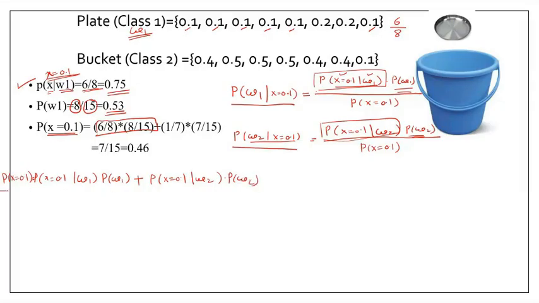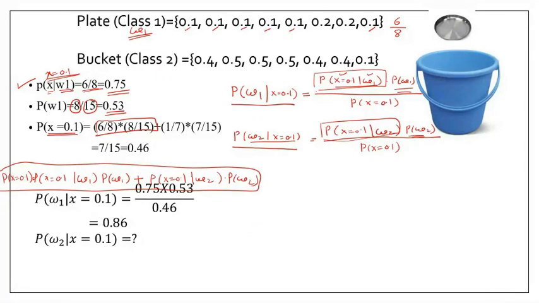So again I am using the sum rule. The denominator is always using the sum rule. You can note down this thing. So substitute these values, and you will get this to be 0.46.